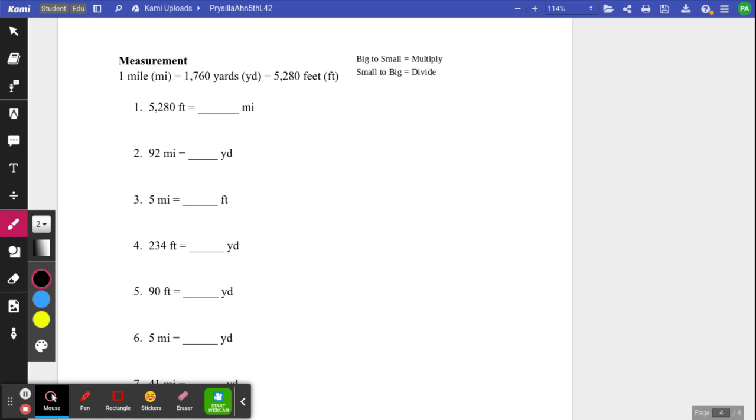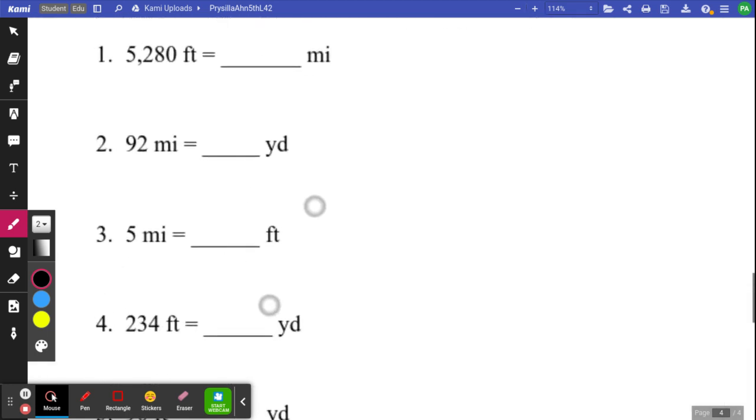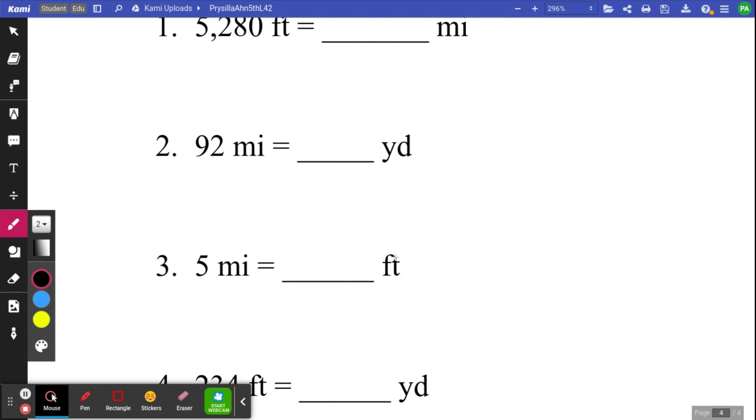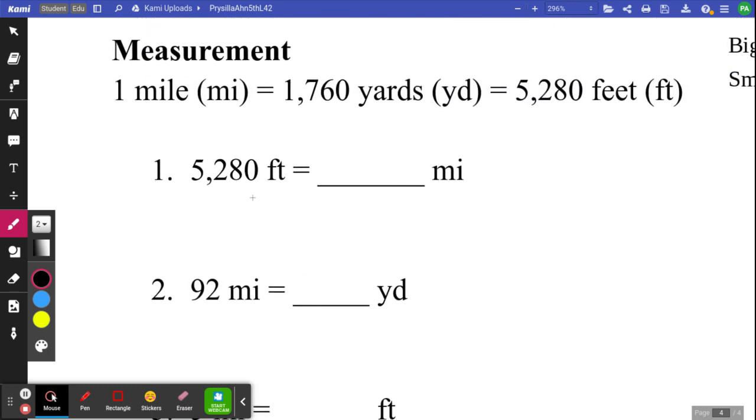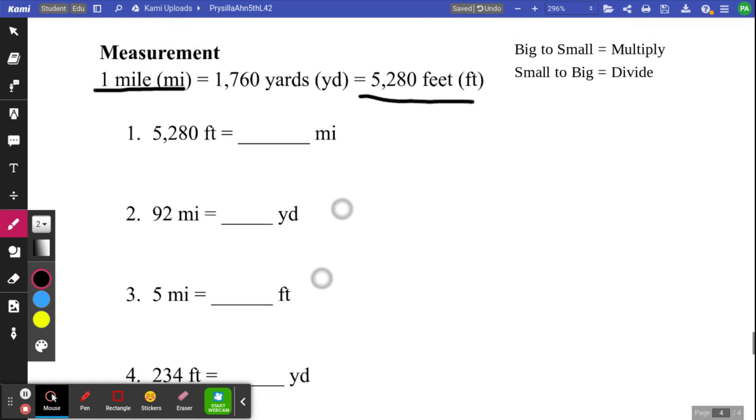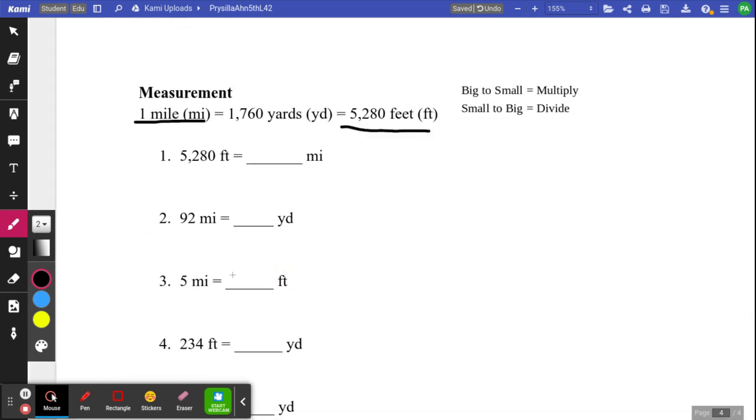So let's do number 3, for example. 5 miles is equal to how many feet? We see that 1 mile is equal to 5,280 feet. So you just have to remember, big to small is multiplication. What do you simply multiply this 5 by? Well, this value.